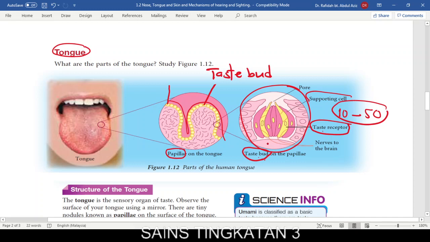So how does the tongue function to detect a taste?